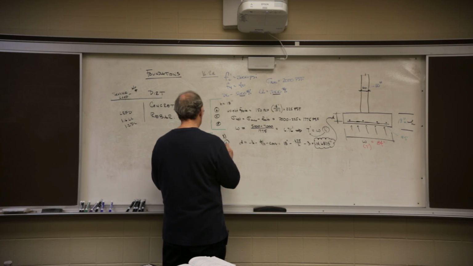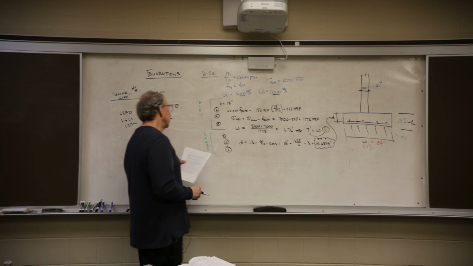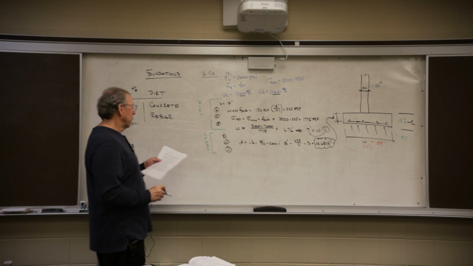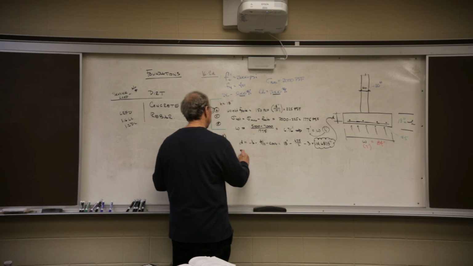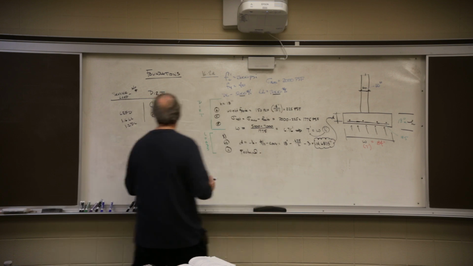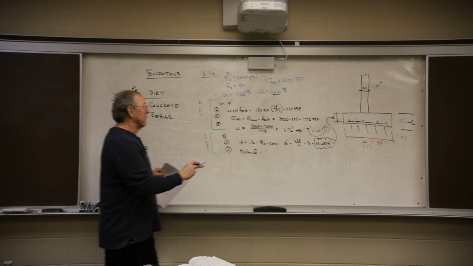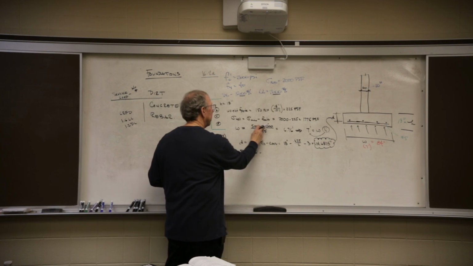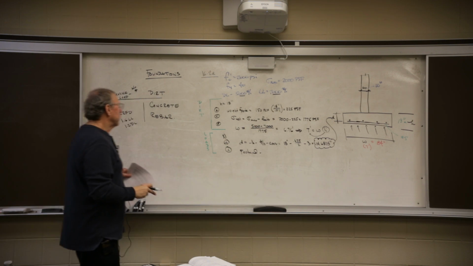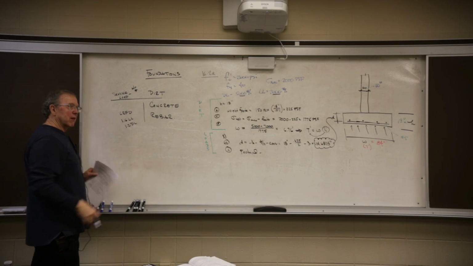I, factored load. Remember, I told you a few minutes ago, when we're dealing with dirt, we don't factor the loads, 5,000 plus 7,000. When we're dealing with concrete and rebar, we do factor the loads.